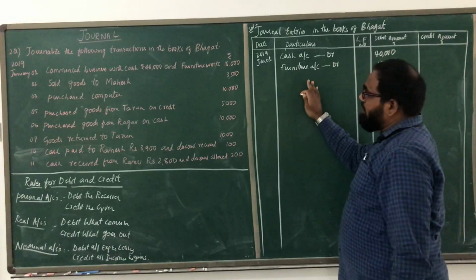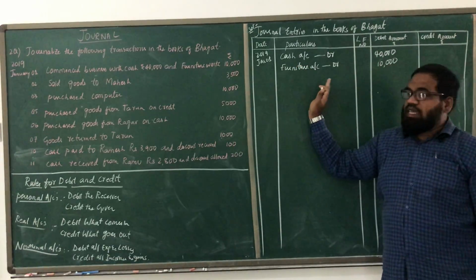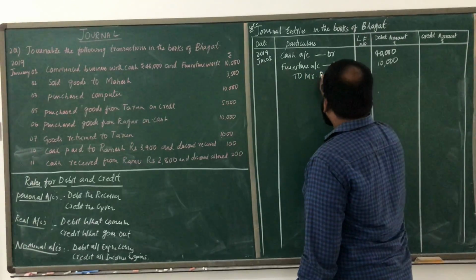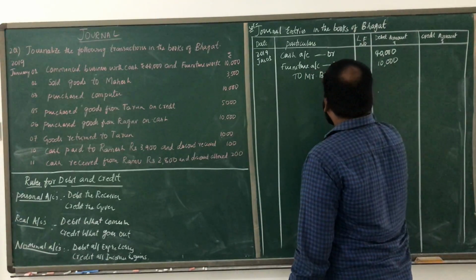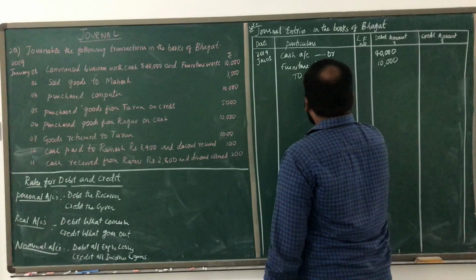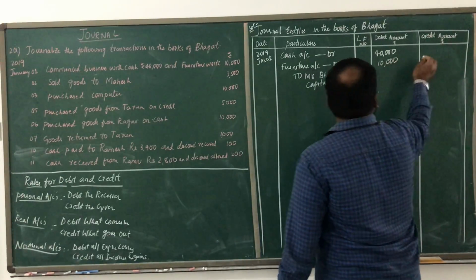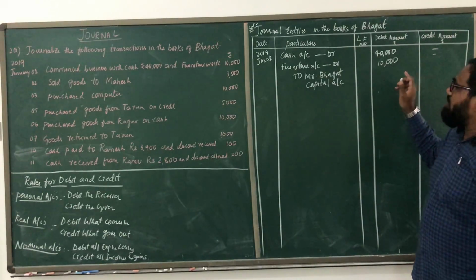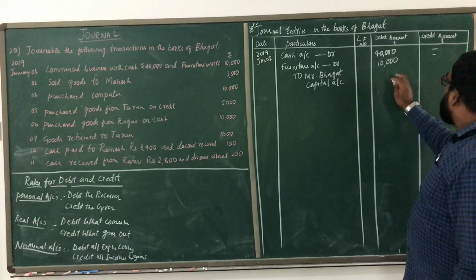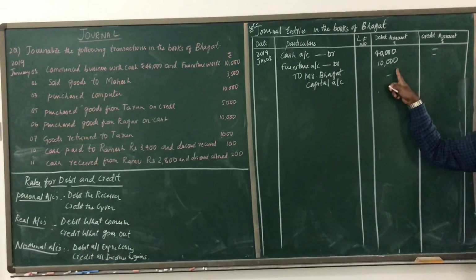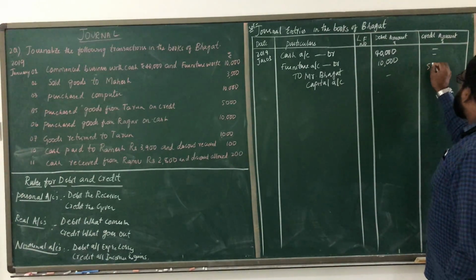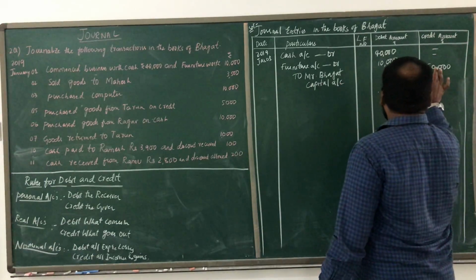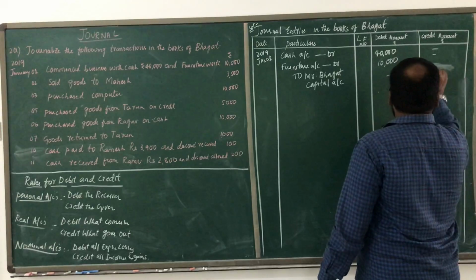Now what do we write in the credit? These two are considered as the owner's capital. So we write in the credit, to Mr. Bhagat's capital account. The total amount, 40,000 plus 10,000, becomes the capital here. So Mr. Bhagat's capital amount is 50,000. We write this amount in the credit, in the equal line, 50,000.